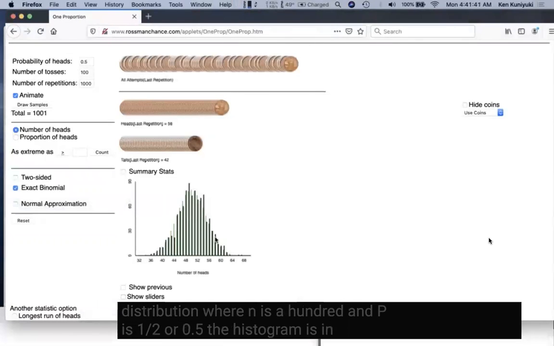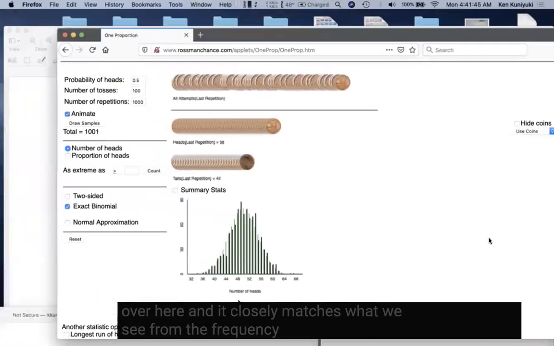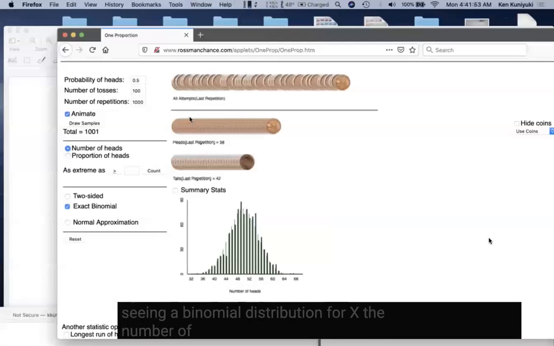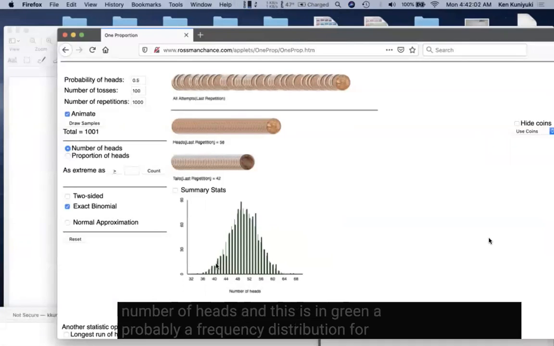The histogram is in green over here, and it closely matches what we see from the frequency histogram. Okay, so again, in this coin experiment, we're seeing a binomial distribution for x, the number of heads. And this is, in green, a frequency distribution for x.